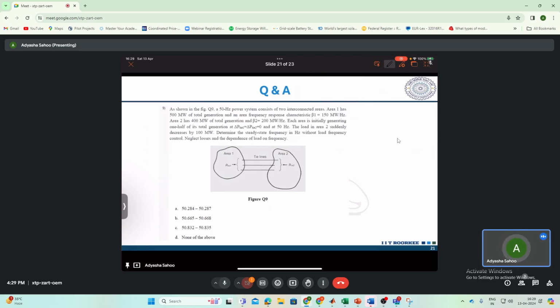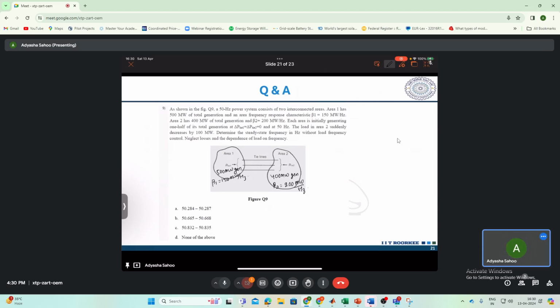Area 1 has 500 megawatt of generation and has a frequency response characteristic of 150. Area 2 has 400 megawatt generation and response characteristic is 200. Each area is initially generating one half of its total generation.